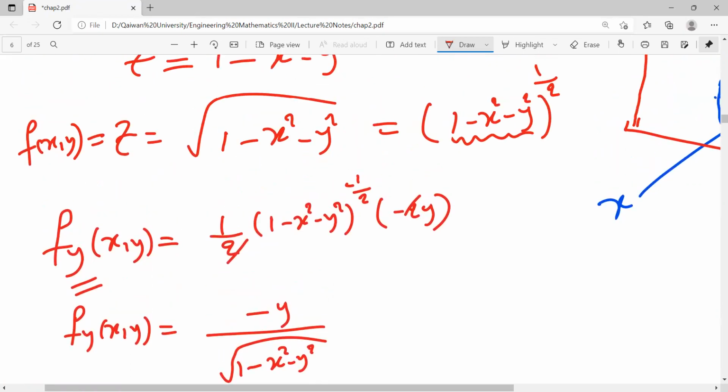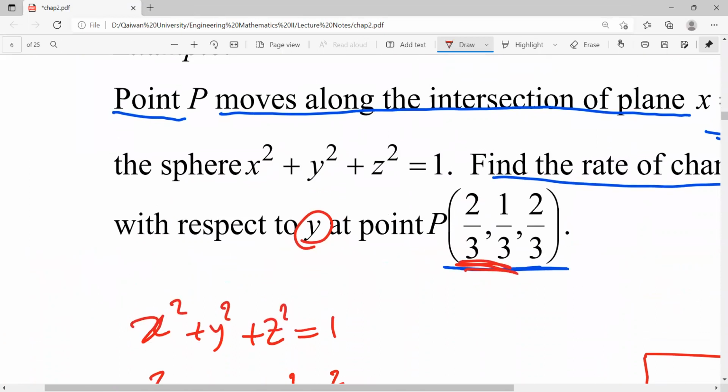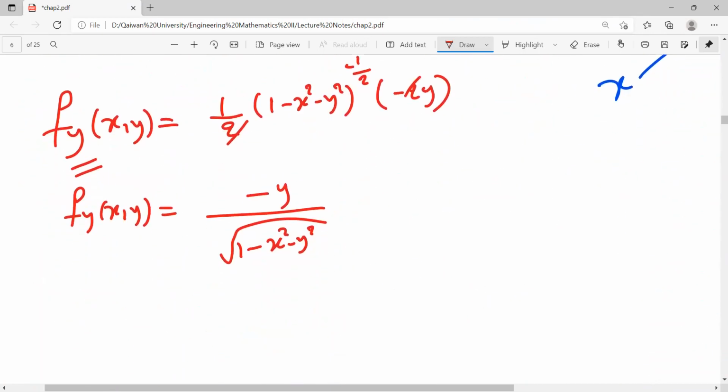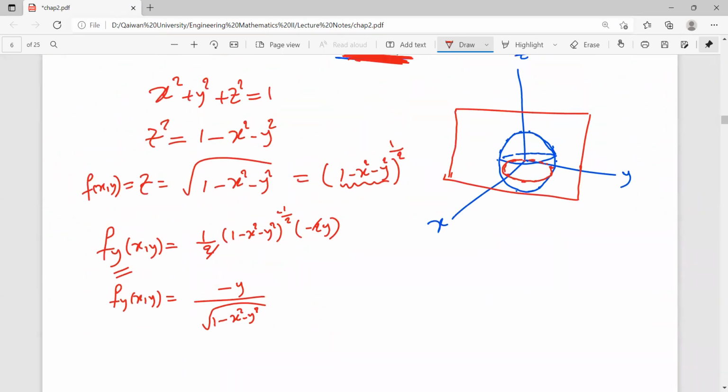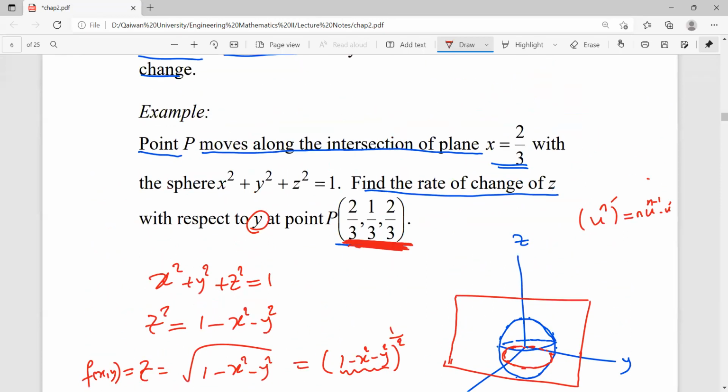Now, to find the rate of change at this point, what are the variables that we have in the partial derivative? We have only x and y. That means in the point, we just take the x value and y value. We don't need to take the z value here.